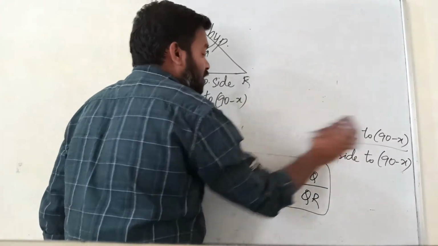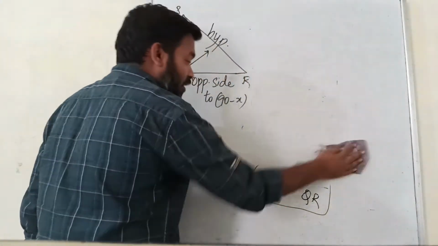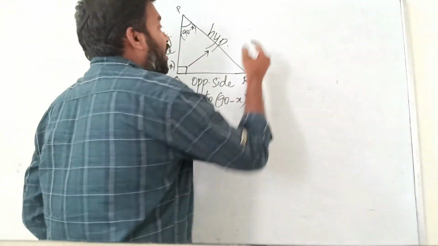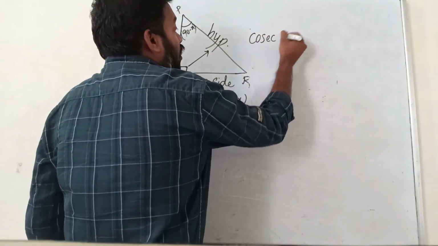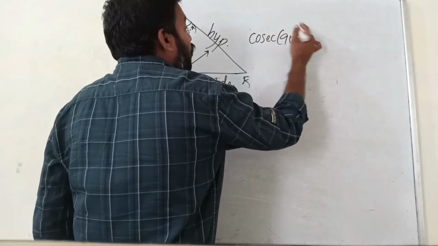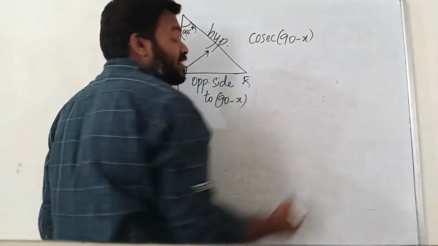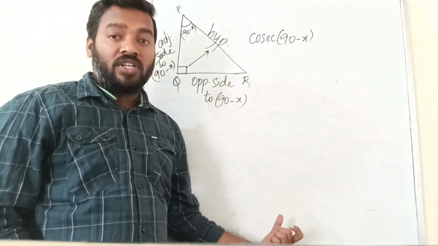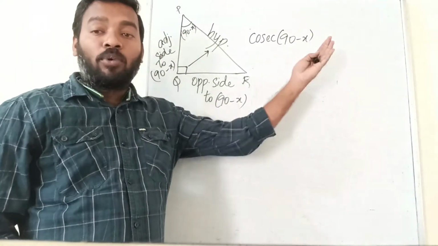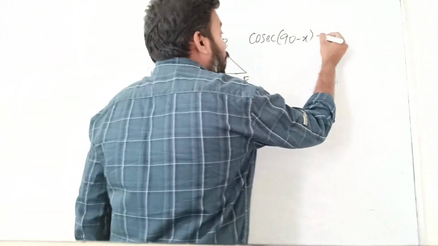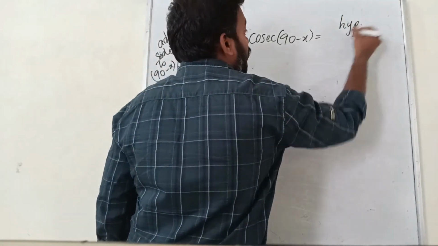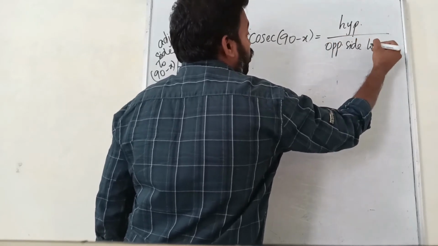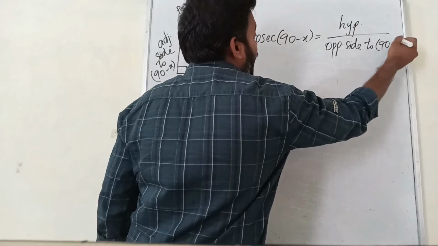What is cosecant 90 minus x? Cosecant is the reciprocal of sine. What is sine? Opposite side by hypotenuse. Then cosecant will be hypotenuse by opposite side, where we are taking 90 minus x as the angle.